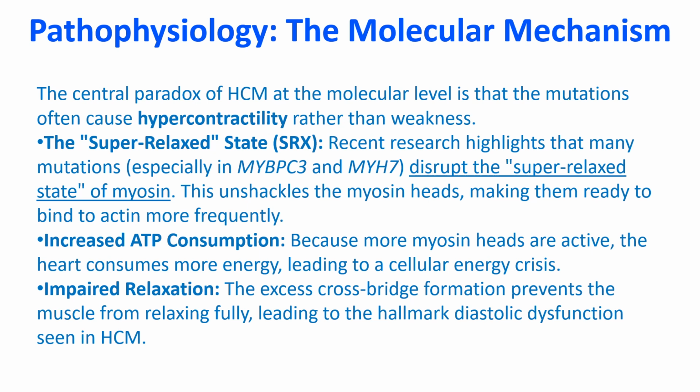The central paradox of hypertrophic cardiomyopathy at the molecular level is that the mutations often cause hypercontractility rather than weakness. The super relaxed state, SRX. Recent research highlights that many mutations, especially in MYBPC3 and MYH7, disrupt the super relaxed state of myosin.